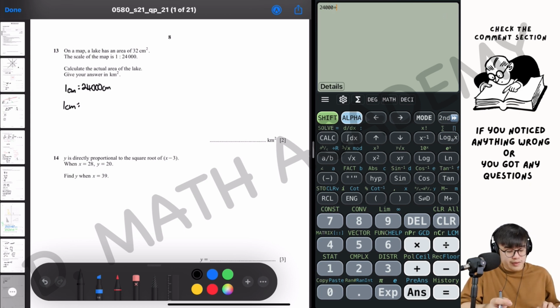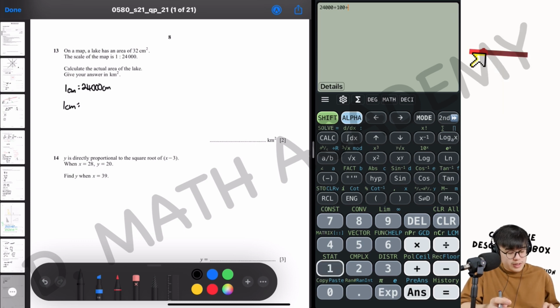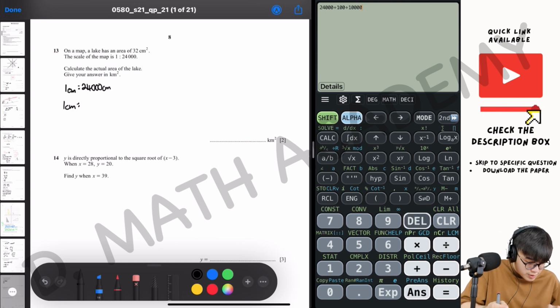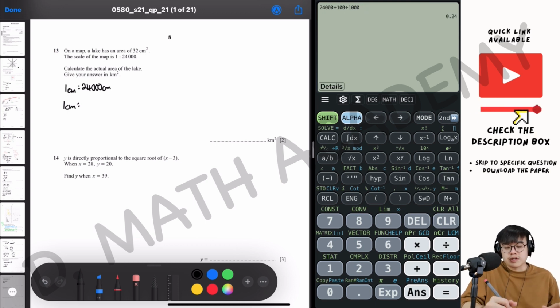Okay, I first divide that by 100, then divide it by 1,000. Okay, I will actually get 0.24 kilometers for every 1 cm. So 1 cm square would actually be 0.24 square.